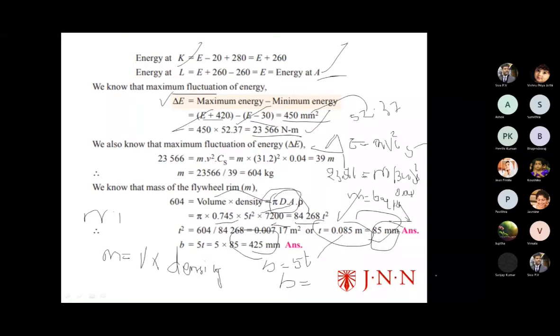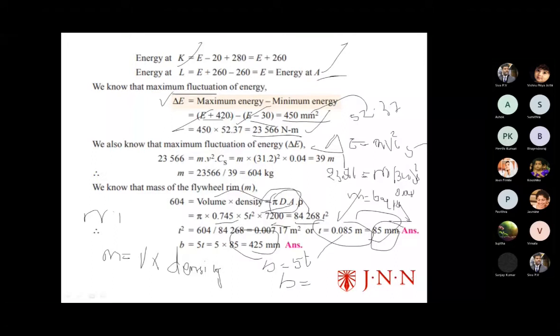So the concept is the flywheel. What is a flywheel? What is the function of the flywheel, and what is the turning moment diagram about? In that, we have the mass of the flywheel, the diameter of the flywheel, and the area of the flywheel, and that area means thickness and breadth.